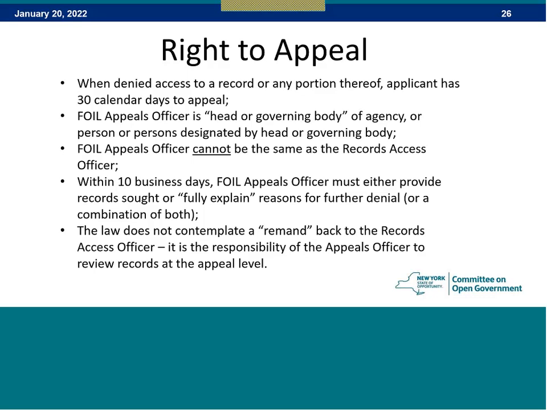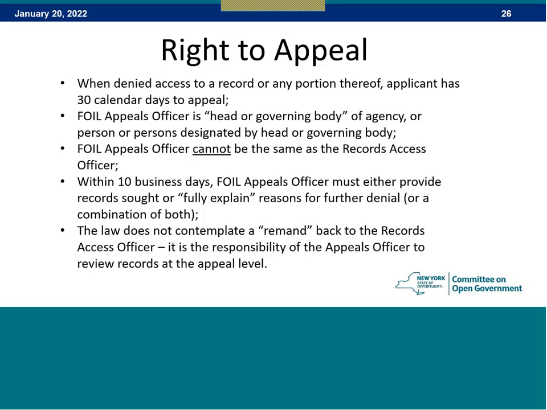So at this point, what the records access officer is required to do is to provide a reason for the denial in writing and to give the applicant instructions for how to file an appeal. The applicant has 30 calendar days to appeal the denial, and the FOIL appeals officer is the head or governing body of the agency, or often the person or persons designated by the head or governing body.